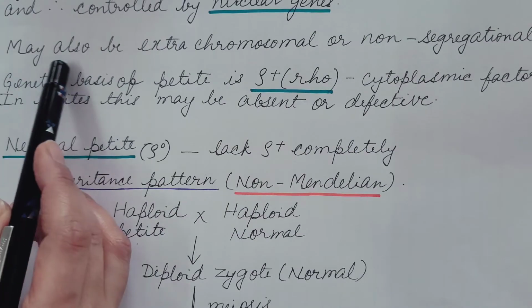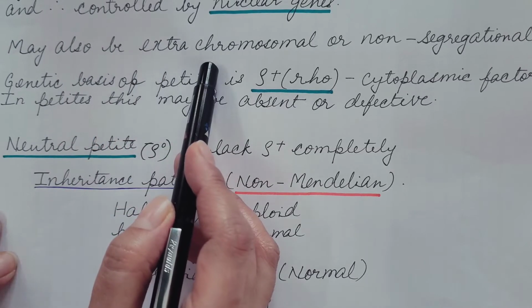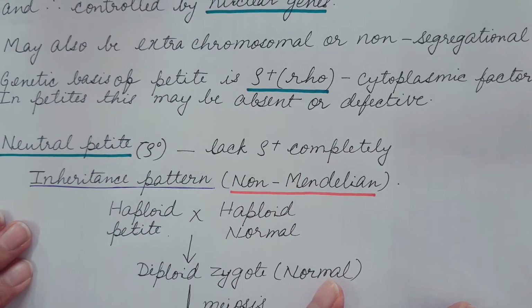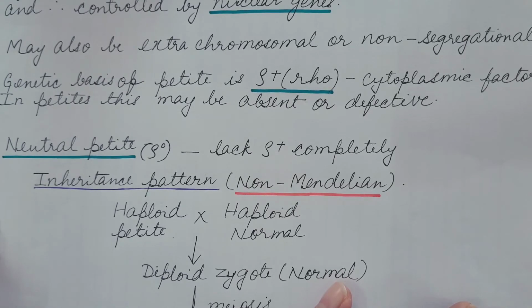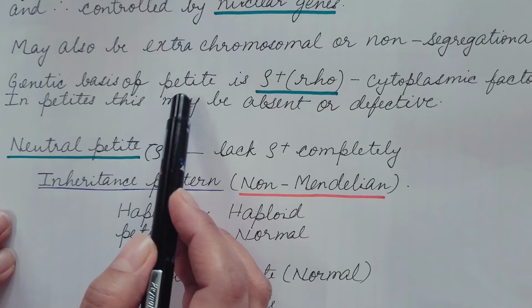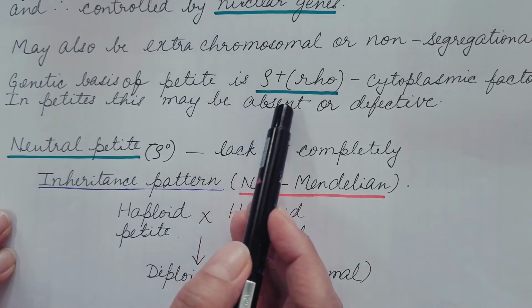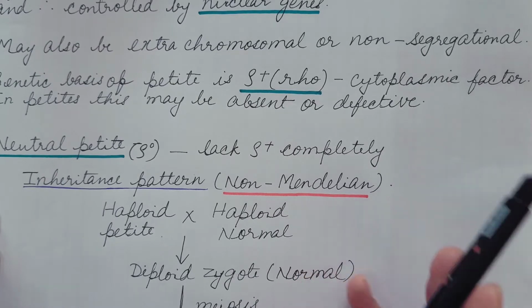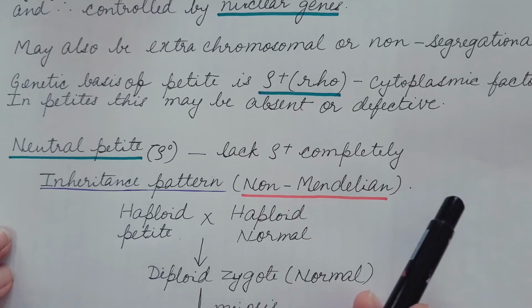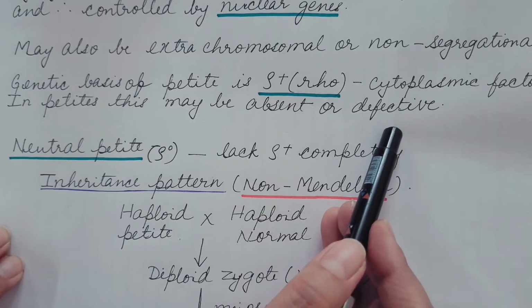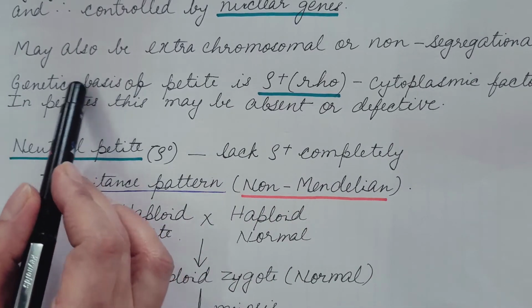But there are certain petites that are also extrachromosomal or non-segregational. These are also known as vegetative petites, and the genetic basis of these petites is the Rho factor. This Rho factor is the cytoplasmic factor, and when this Rho factor is absent or defective, it results in petites.